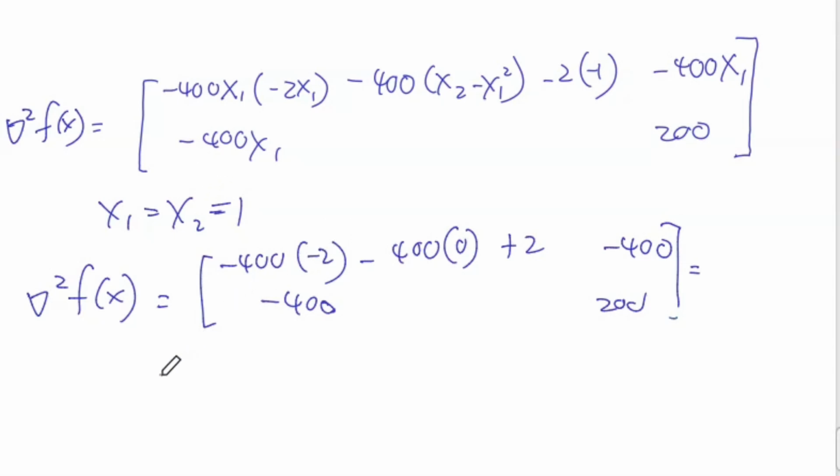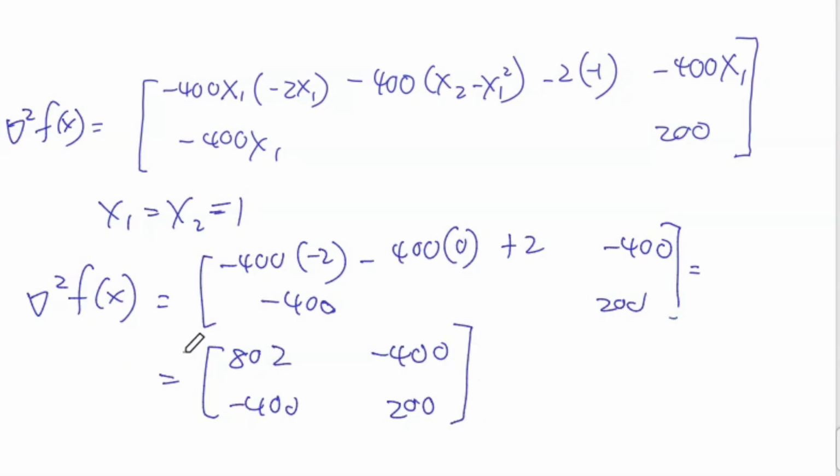So this is equal to 800 plus 2, 802. And then this negative 400, this is negative 400, this is 200. So this is the Hessian at 1, 1. Probably I should write this instead of writing this one. The Hessian at 1, 1.